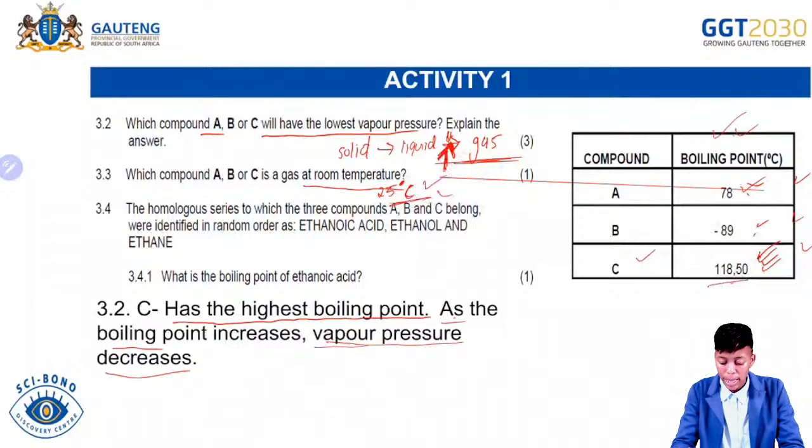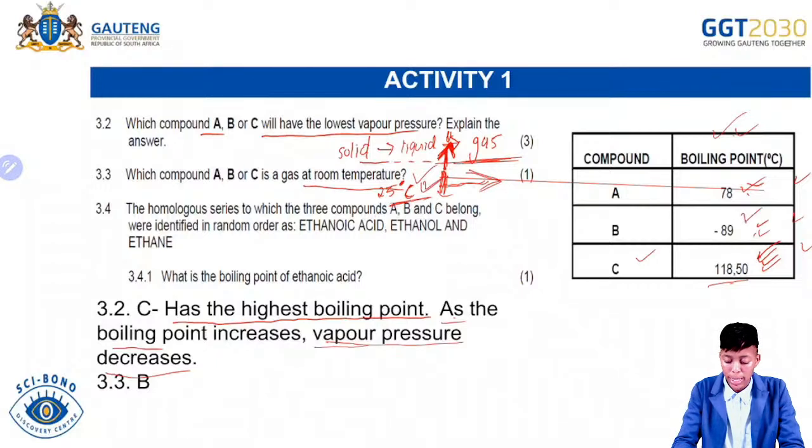But letter B is negative 89. So after negative 89, it is going to pass 0, and after passing 0, that is where we are going to have our 25 degrees. So the only option that we have there will be the letter B.